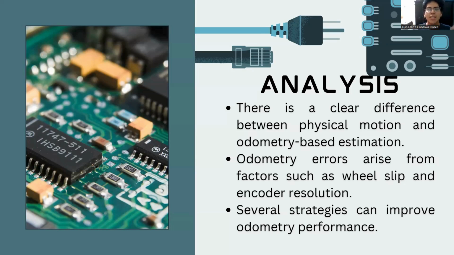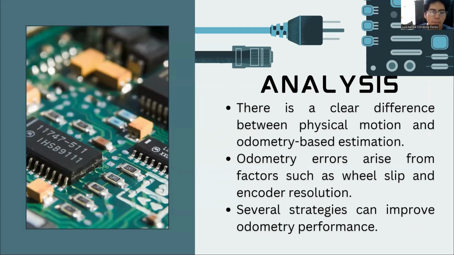This means that wheel slip creates systematic errors during turns, while low encoder resolution leads to quantization effects. Both contribute to accumulated drift and an inaccurate estimated path. And the last point is that several strategies can improve odometry performance.